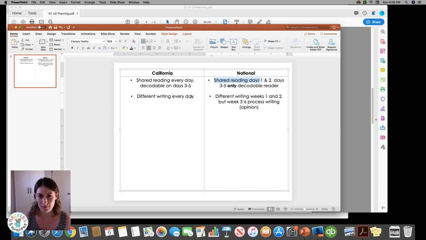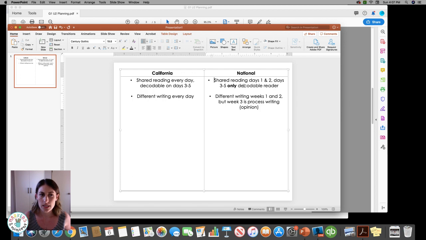I feel like this is probably what California teachers are doing too. I've heard that they don't typically do shared reading every day, even though it is allotted for every day. But that's one difference that I noticed. And then with writing, in California there's different writing every day. And then national, there's different writing weeks 1 and 2. Week 3 is process writing, and it's an opinion.